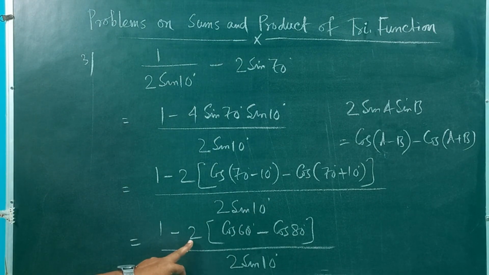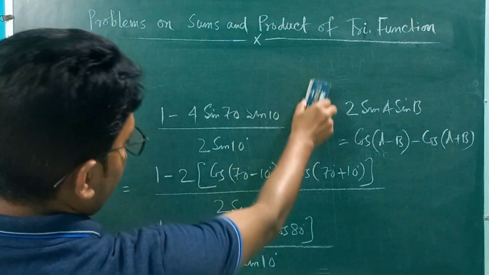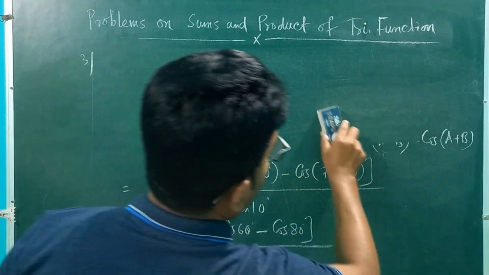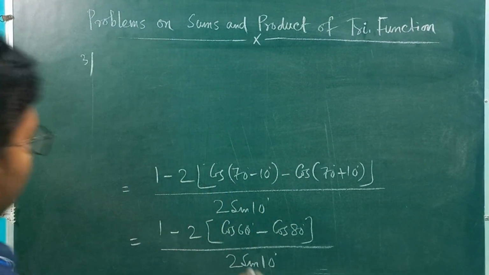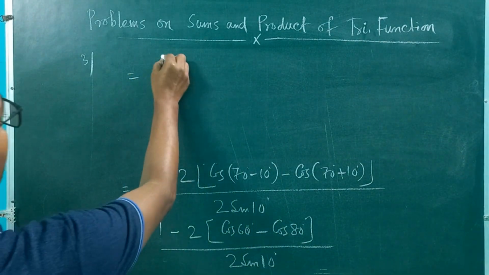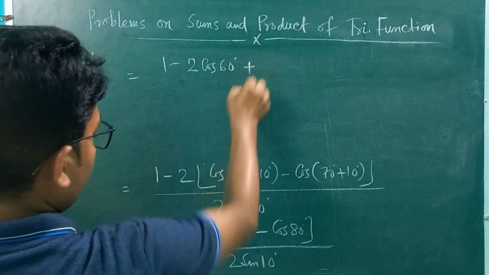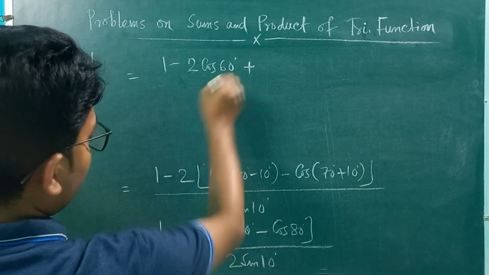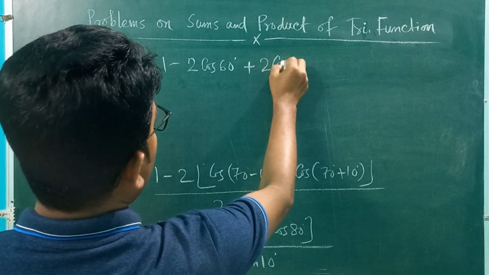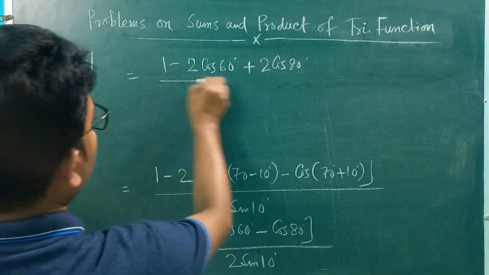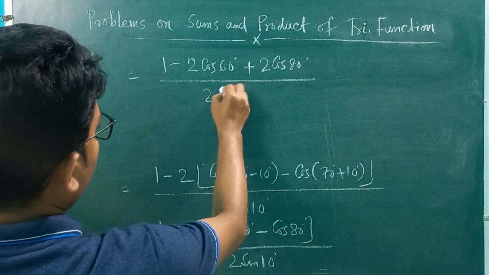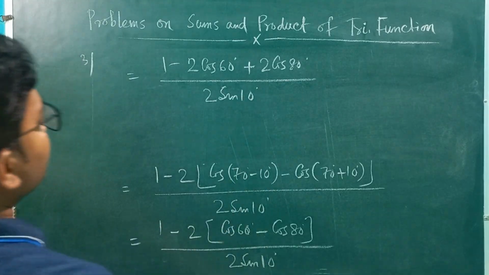Now we multiply this 2 in all the terms of this bracket. Then this becomes 1 minus 2 cos 60 plus 2 cos 80 by 2 sin 10 degree.